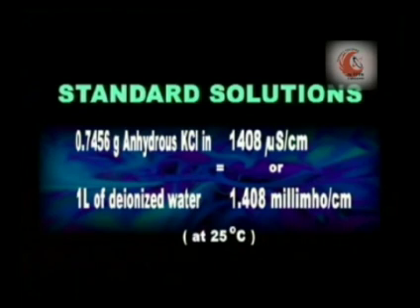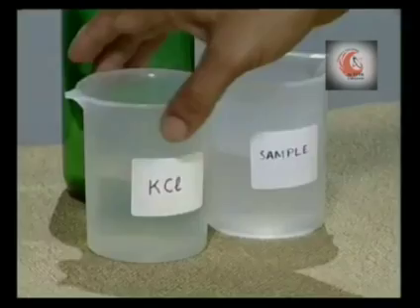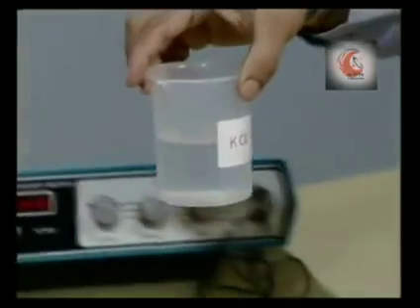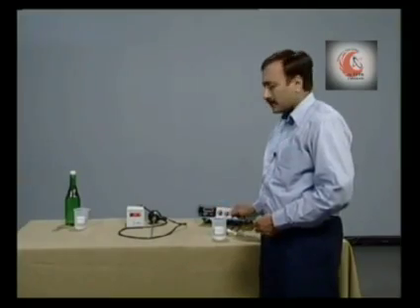This solution has a conductivity of 1408 microsiemens per centimeter or 1.408 millimhos per centimeter. So, we take the standard KCl solution of concentration 1 millimho per centimeter.